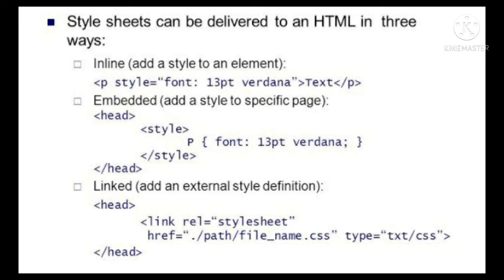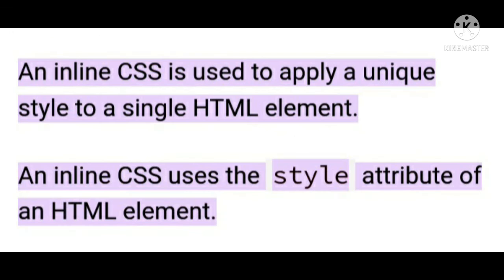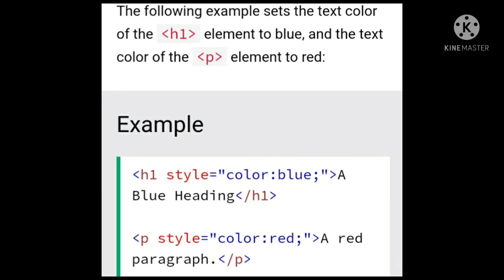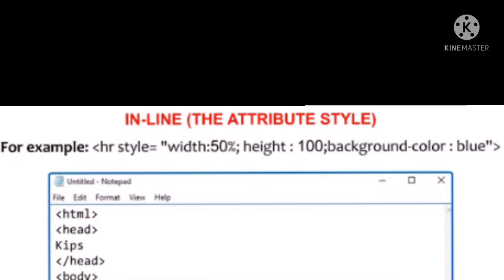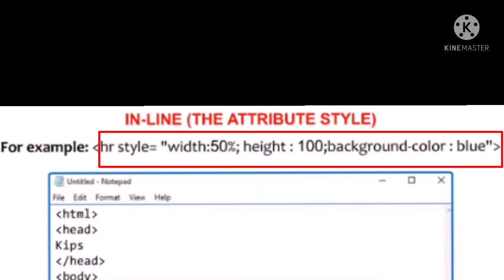So the first method is the inline method or the style attribute. In our next chapter, we are going to learn more about this method. In this method, the style attribute can be used with any element in the body section including the body tag itself. So here you can see, okay, and we can use any number of declarations, each one separated by a semicolon, just like this.